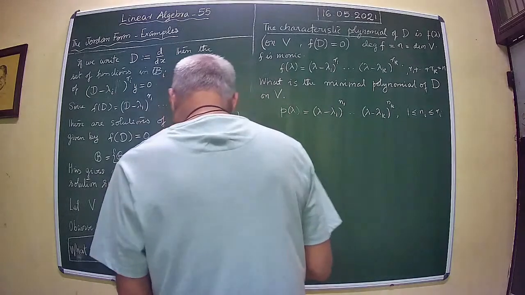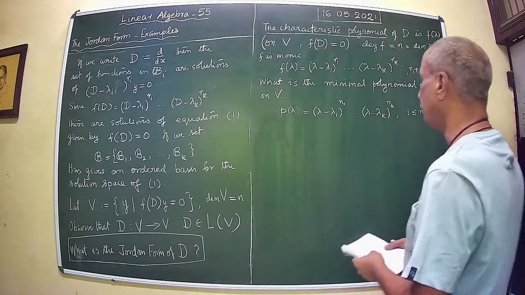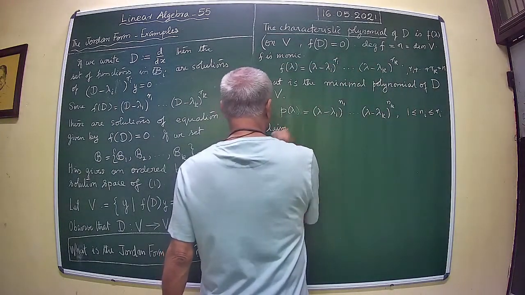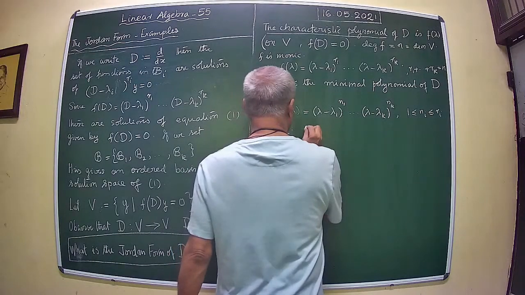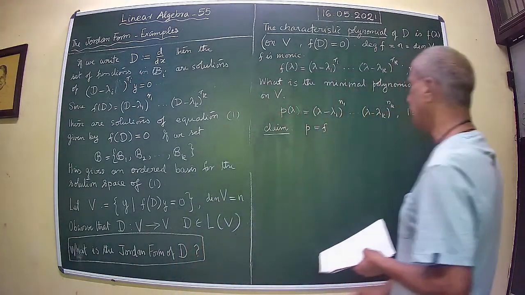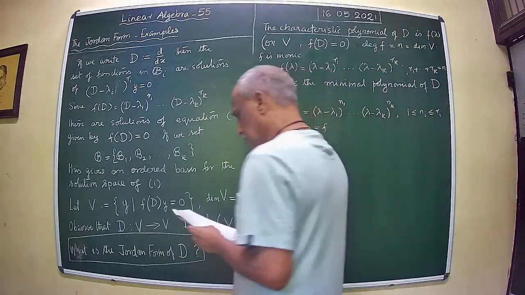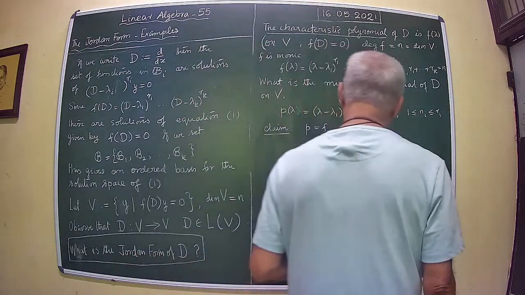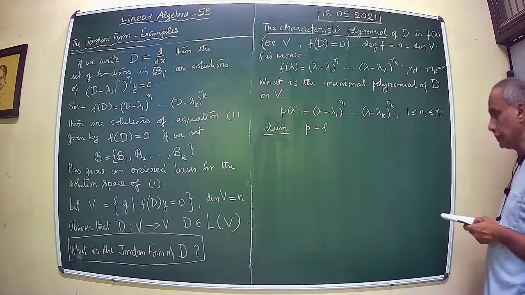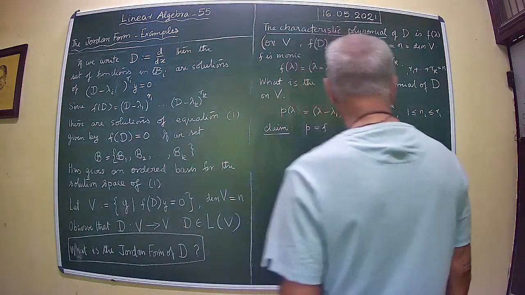But what we claim is that the minimal polynomial is the characteristic polynomial. That means each ni is equal to ri.